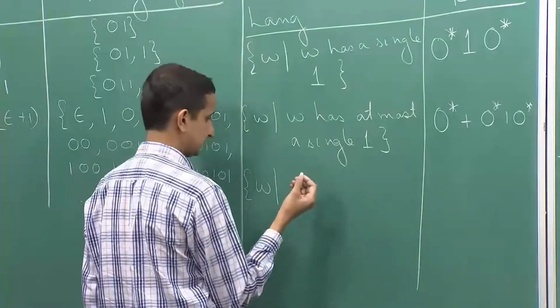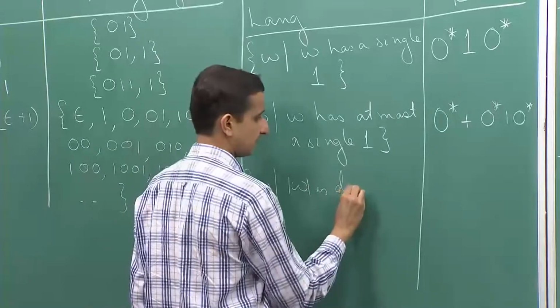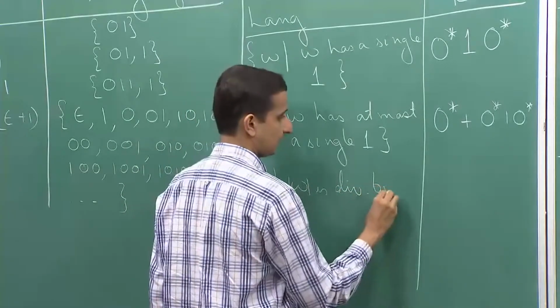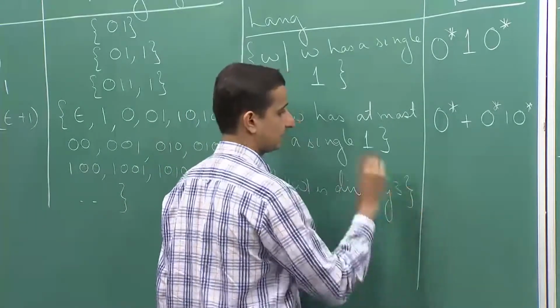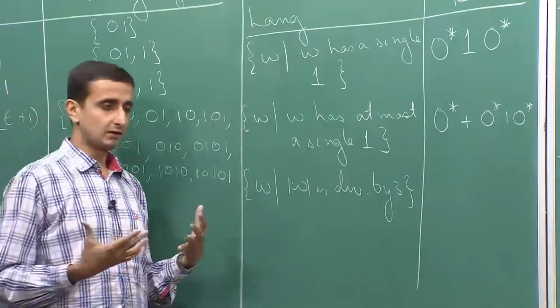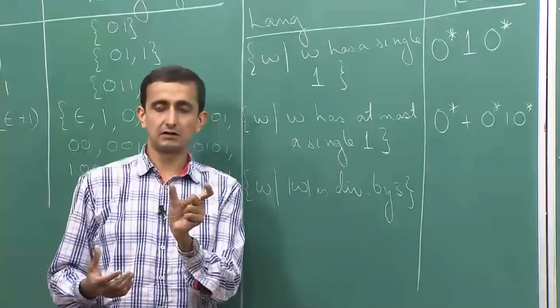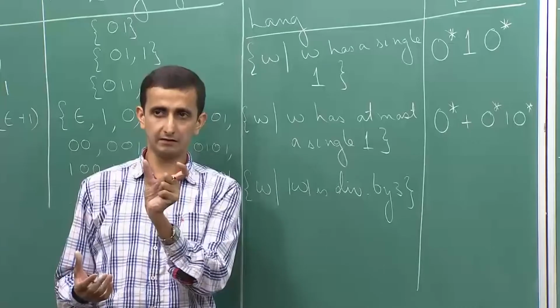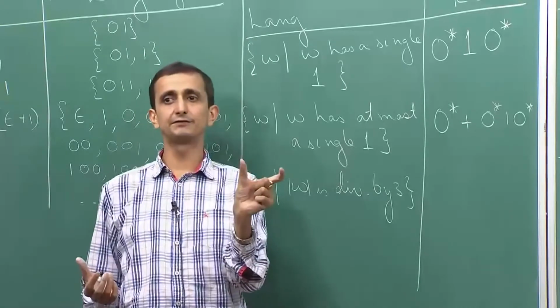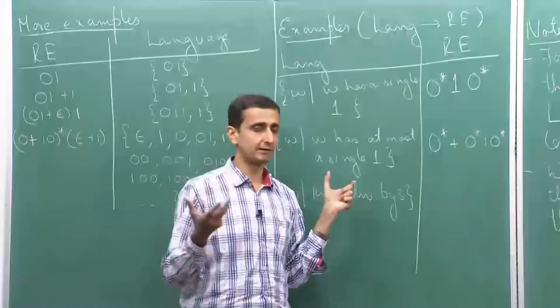The third is when W is a string such that length of W is divisible by 3. So, all strings whose length is divisible by 3. So, basically how do these strings look like? I will have a sequence of 3 symbols, then another sequence of 3 symbols, then another sequence of 3 symbols, and so on, and these symbols can be anything.